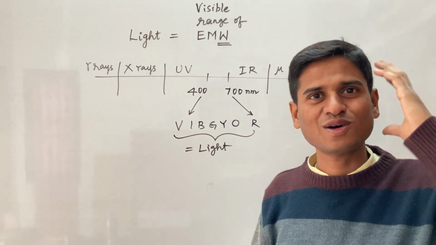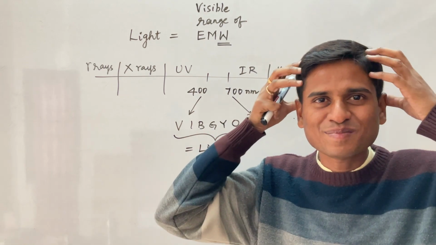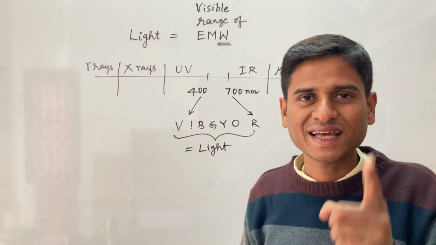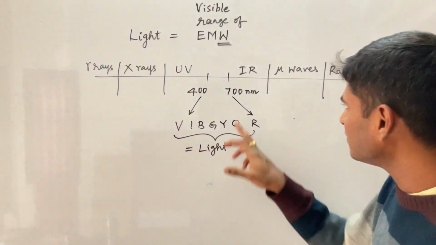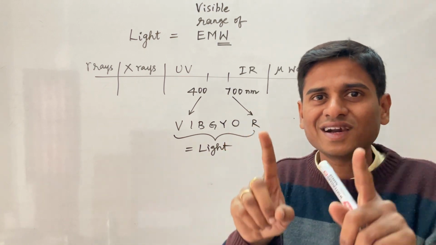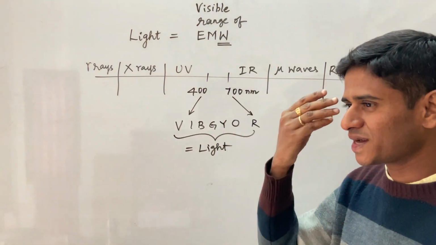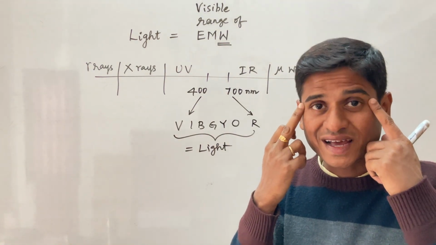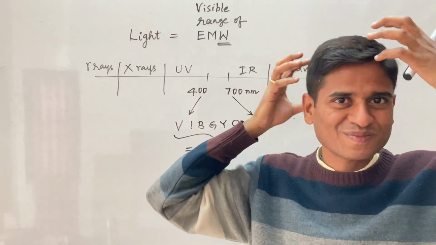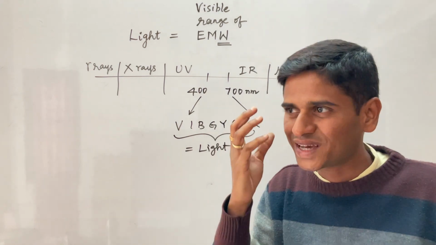The circuitry in the brain is designed in such a way that if you get an electromagnetic wave of wavelength 700 nanometer, it appears to be red in color. And if you get a 500 nanometer electromagnetic wave, when it is received by your eye, the decoding mechanism, the perception mechanism within the brain, is designed by the creator in such a way that you experience yellow.